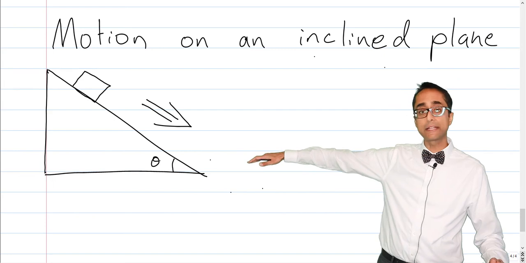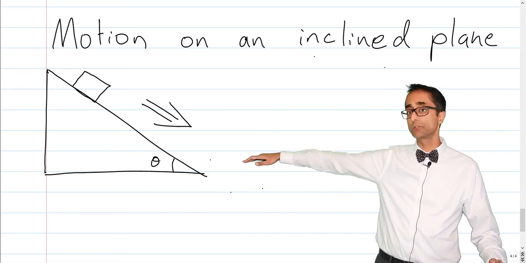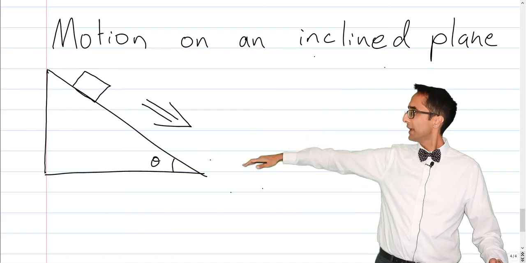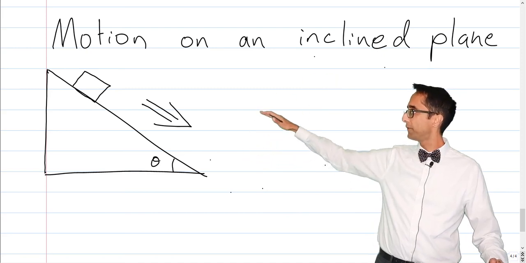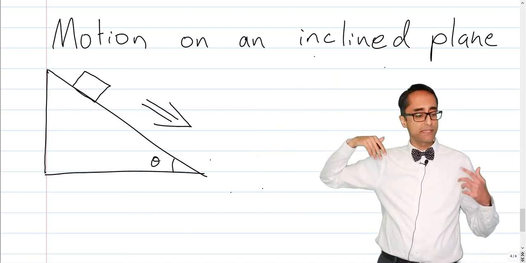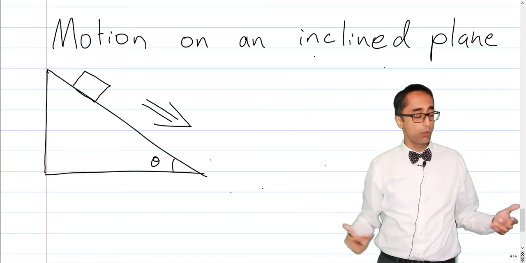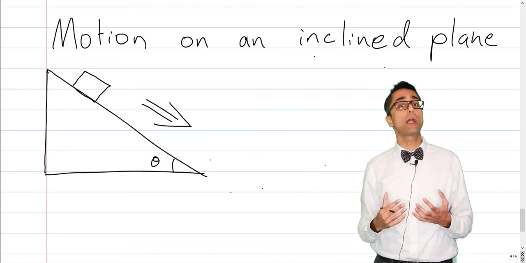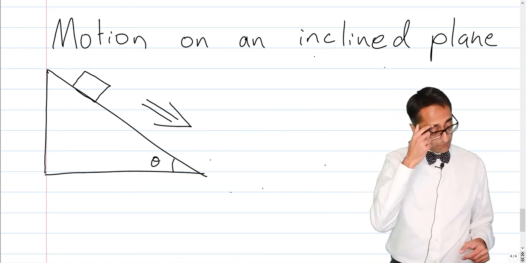And so we measure our inclination always from the horizontal. This is 0. This is 90 degrees, straight up and down. And so any angle above that is going to be the angle that determines how much of the acceleration due to gravity plays an important role.